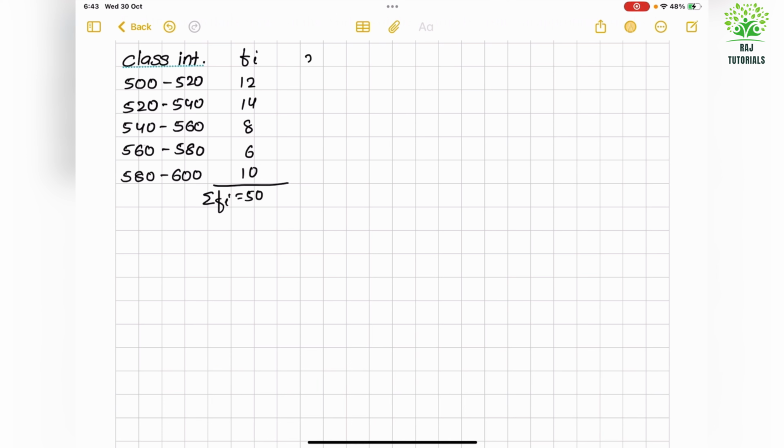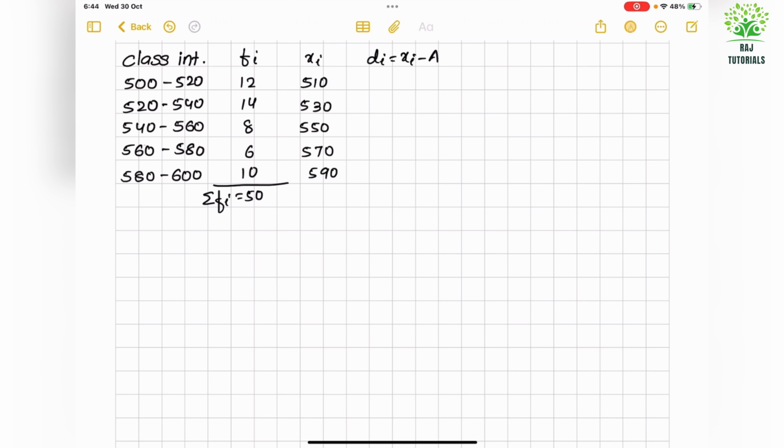Now xi, so 500 plus 520 divided by 2, so that will come as 510. 520 plus 540 divided by 2, so that will come as 530. Then this will be 550, difference is 20. So 570, 590. Now di equal to xi minus a.